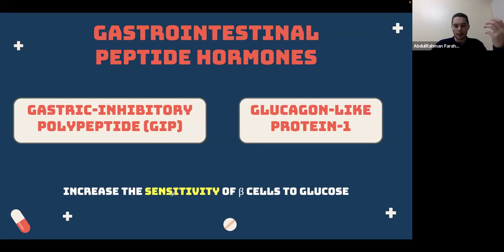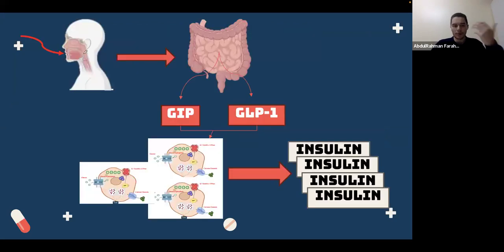How that happens is you take something orally and it goes through the GI tract into the small intestine. Within the small intestine, these hormones are released, the gastric inhibitory peptide and glucagon-like peptide 1. As we said, they increase the sensitivity of beta cells to glucose, and so these beta cells will be more sensitive now and release even more insulin.